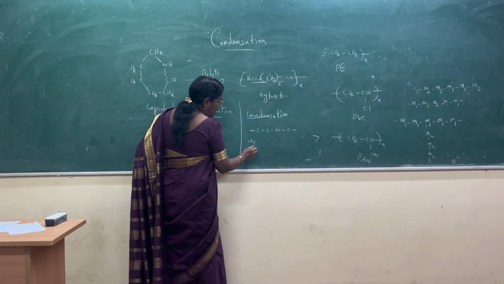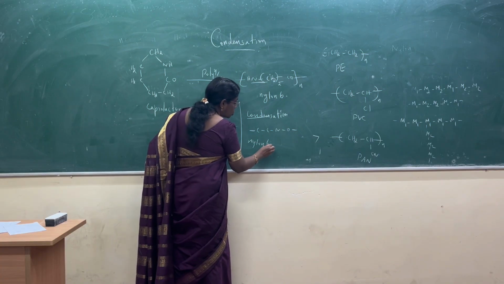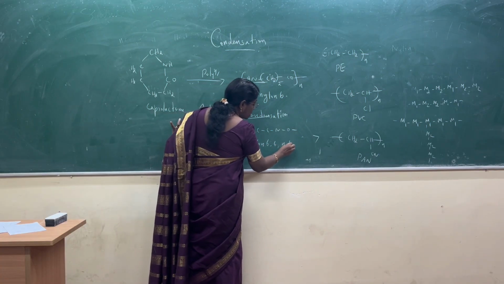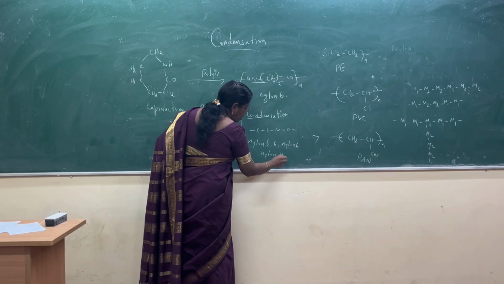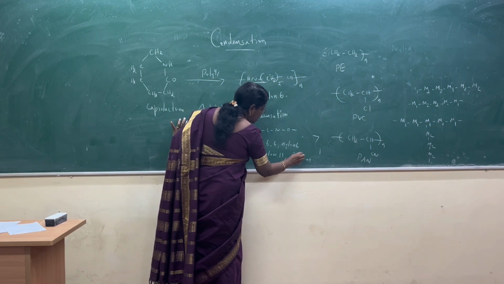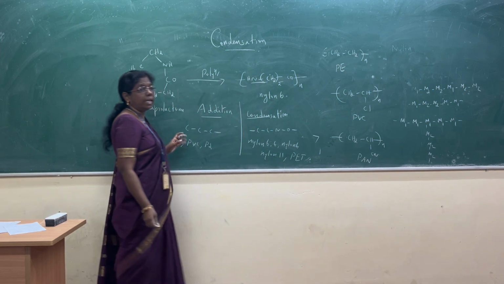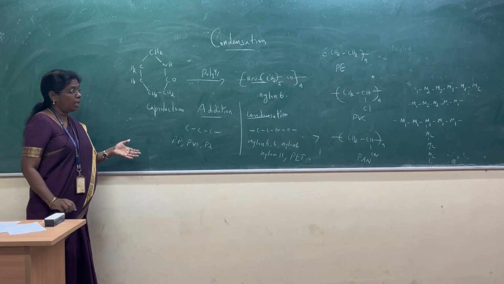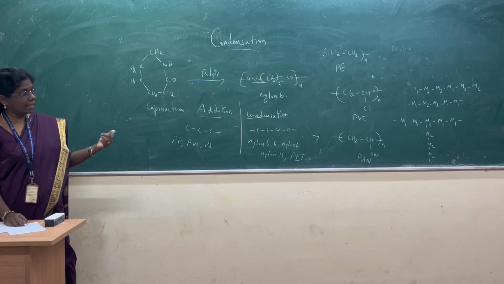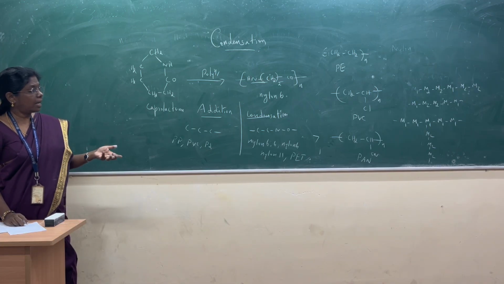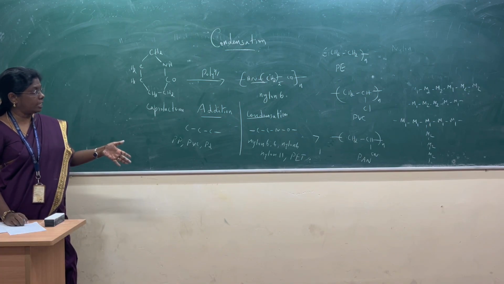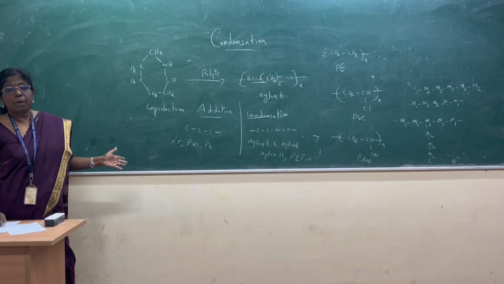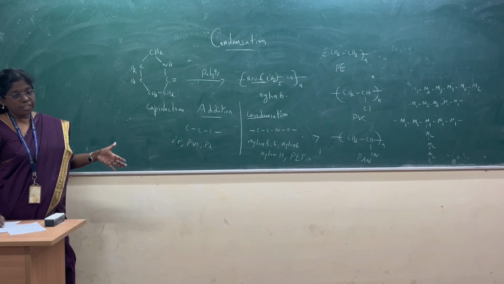There are three nylons: nylon 6,6, nylon 6, and nylon 11. And PET, polyethylene terephthalate, with polyester as another name for PET. The next example is polyurethane. Those are examples for condensation. That is the difference, or comparison, between addition and condensation.